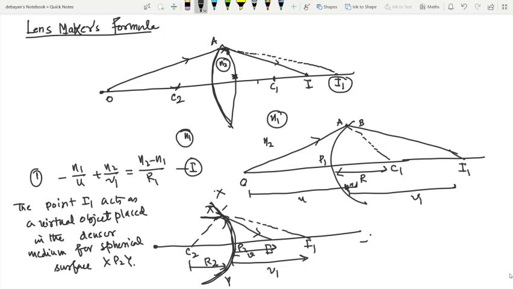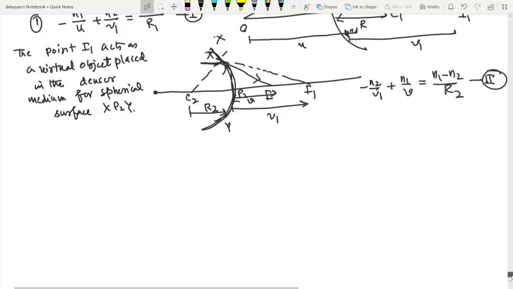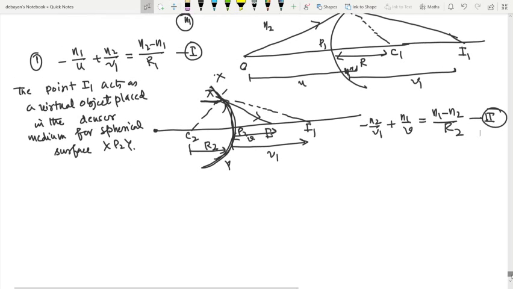Now if you solve equations number 1 and 2, we can write minus n1 by u plus n1 by v equals n2 times 1 by r1 minus 1 by r2.